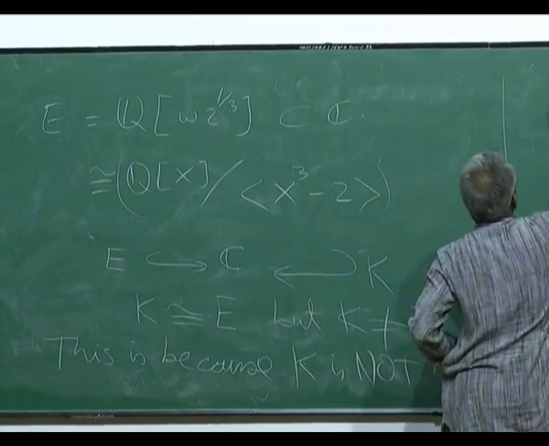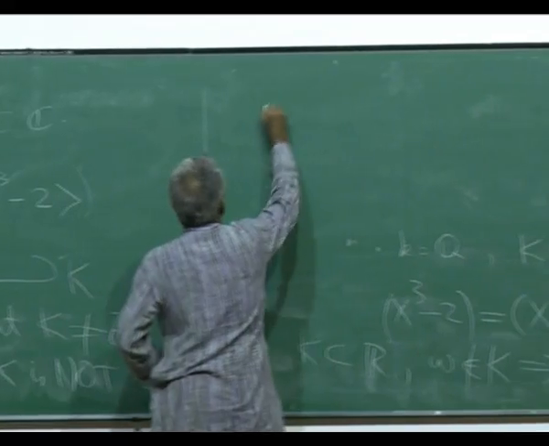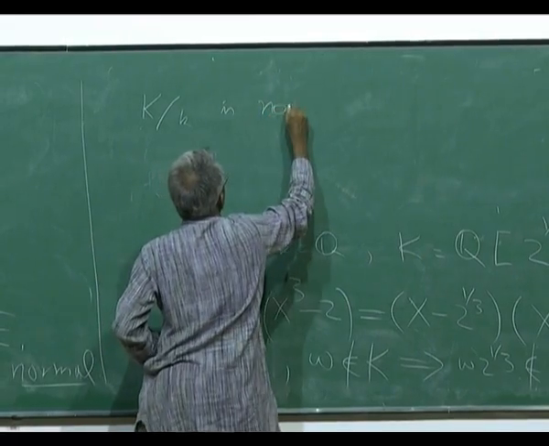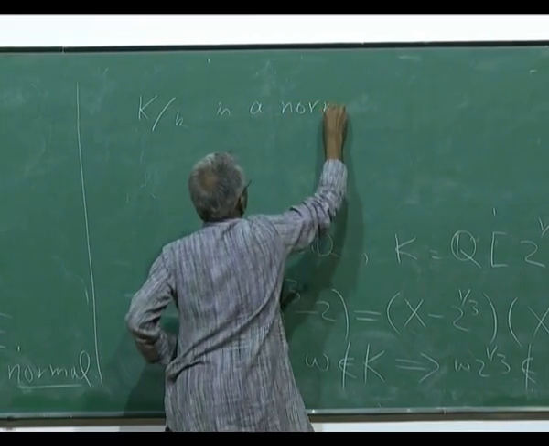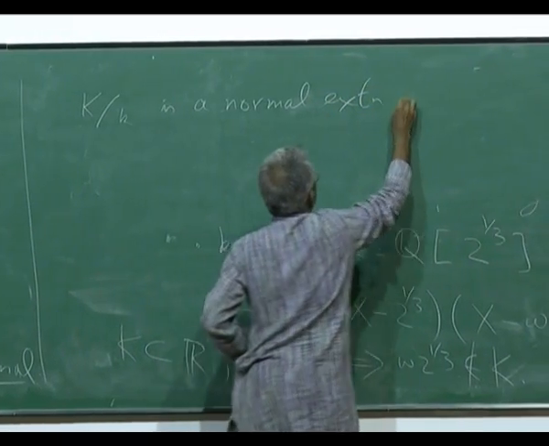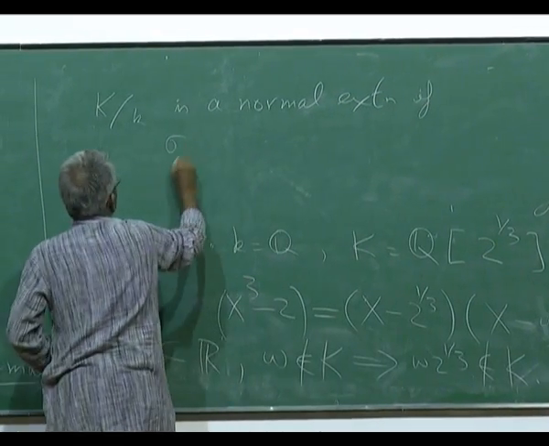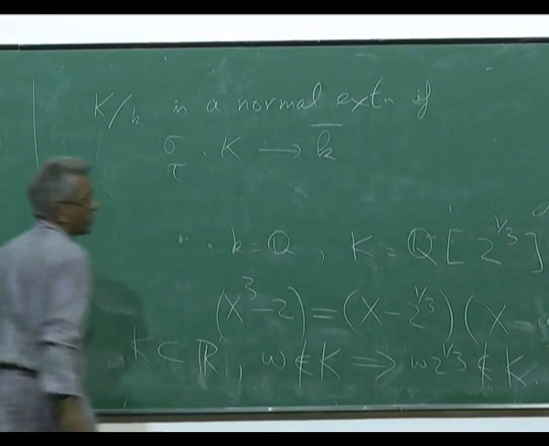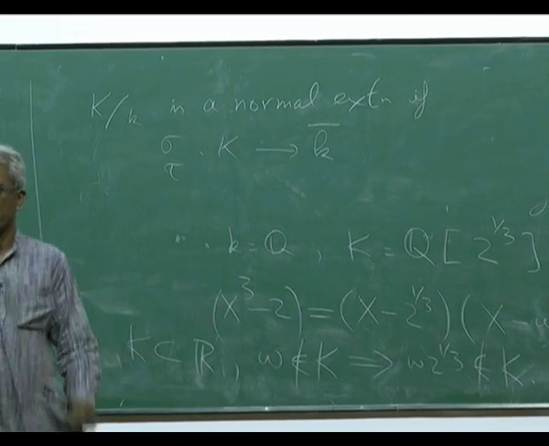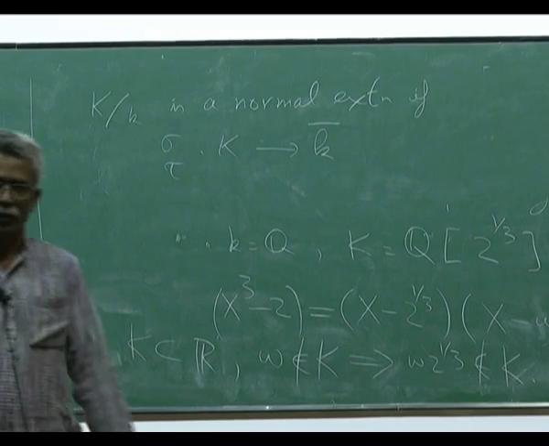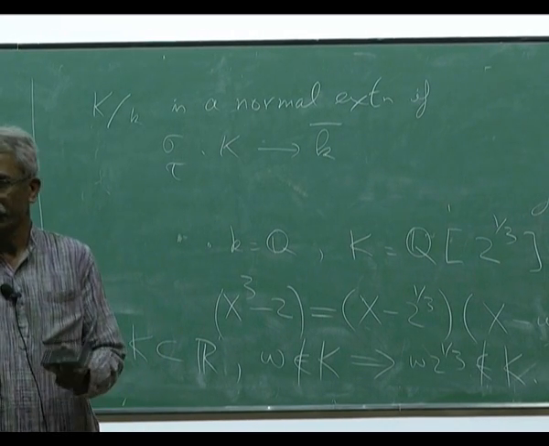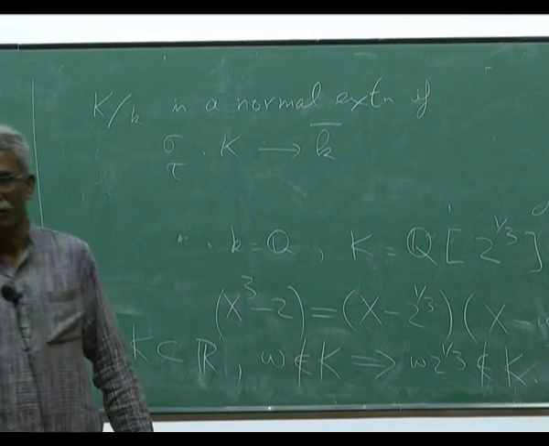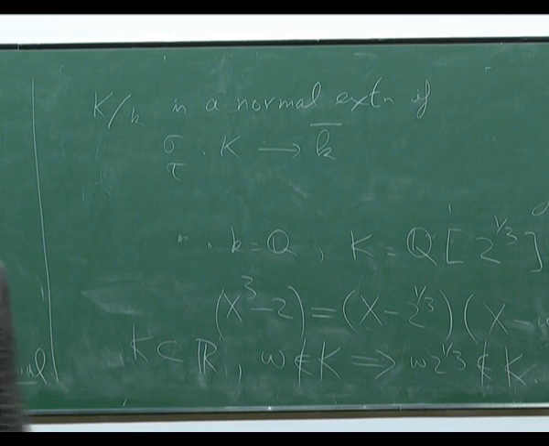Okay. So now let me write here the definition of normal. K over k is a normal extension if sigma and tau are embeddings of K into the algebraic closure. If you are not very comfortable with algebraic closure, you just take complex numbers and take small k to be a subfield of complex numbers. You can work in that specific context.